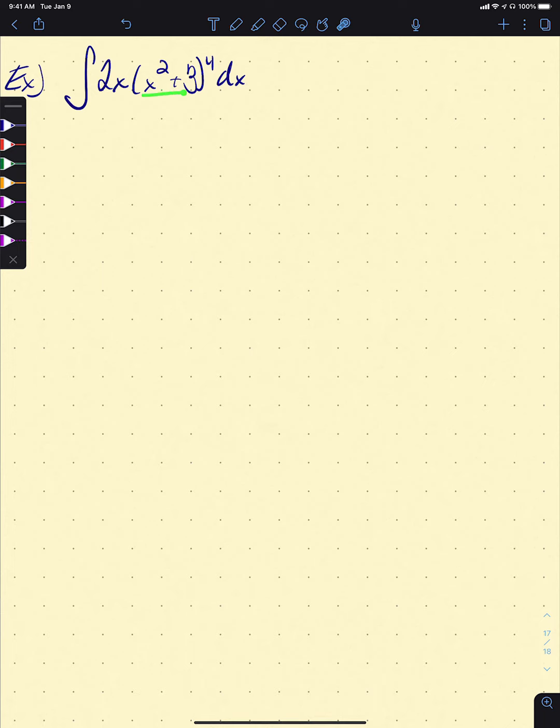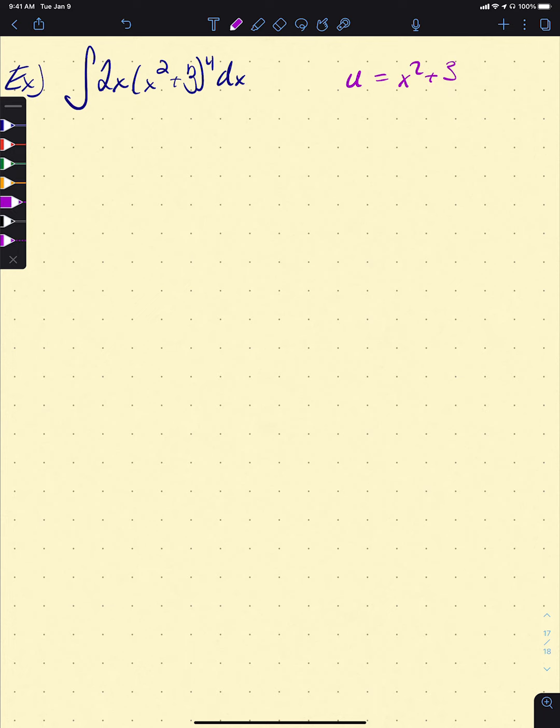Notice here that we have a natural inside part for our function. So let's let u equal x squared plus 3.